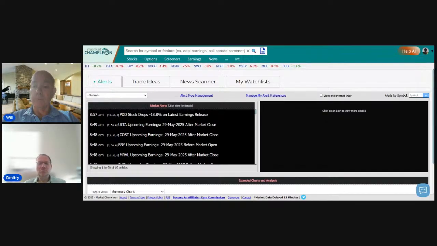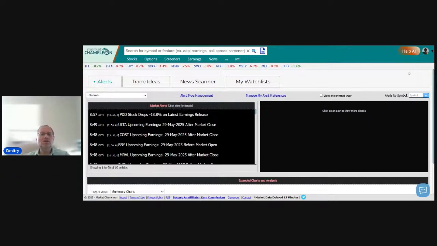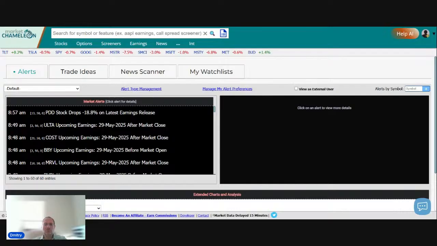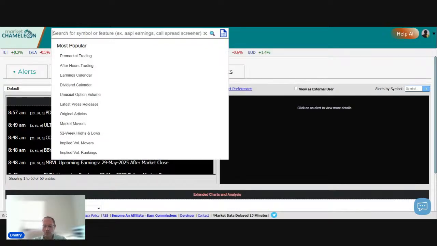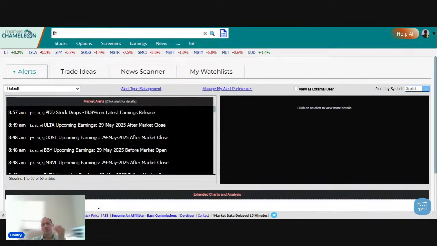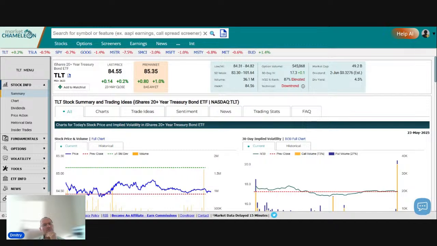trade time and sales. I'm going to go to a symbol for our example, and I think the last one I was looking at was TLT. So let's type in the symbol TLT, which is the iShares 20-year Treasury bond ETF. On the left-hand side, we have a menu.